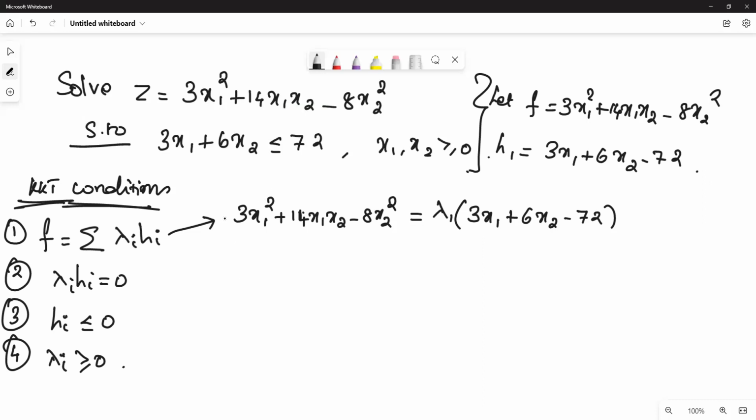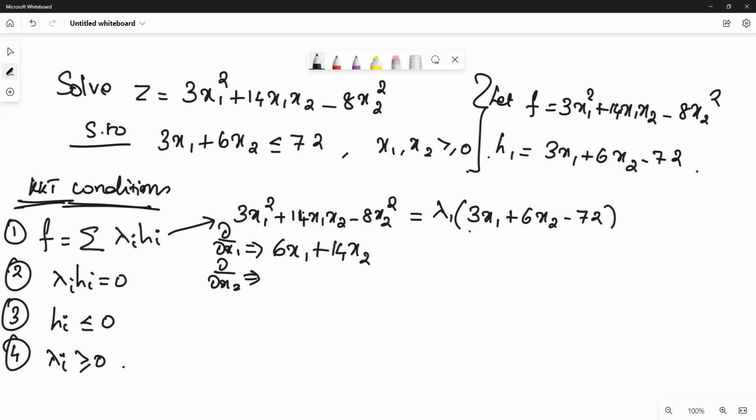How? We are going to differentiate this first condition with respect to the unknowns. What are the unknowns here? Number of unknowns, 2, x1 and x2. So differentiate this with respect to x1 as well as with respect to x2. Differentiating with respect to x1, it is 6x1 plus 14x2.